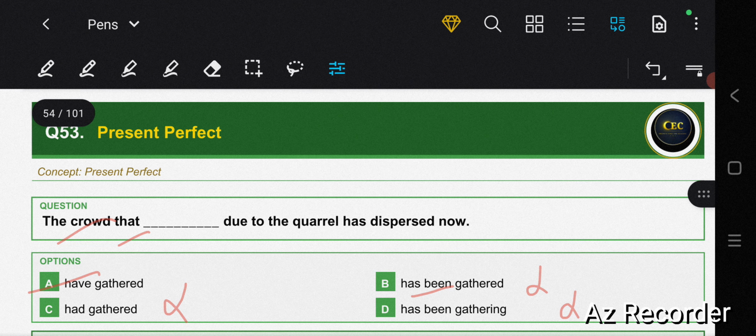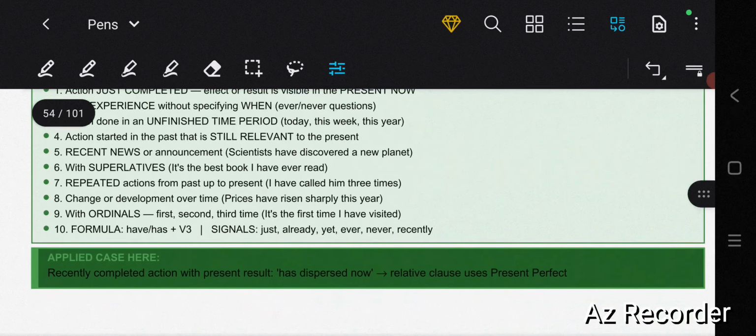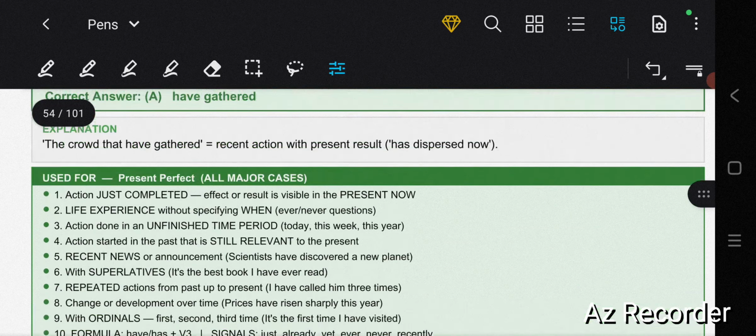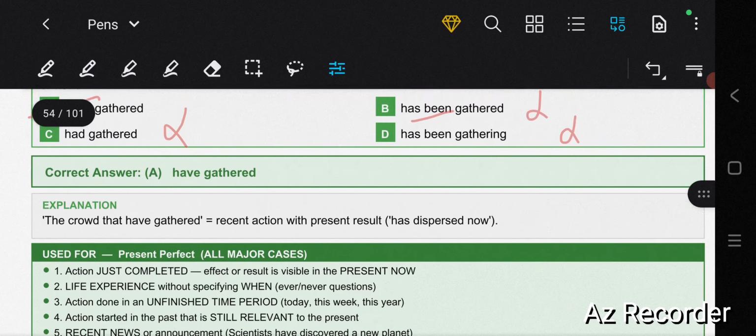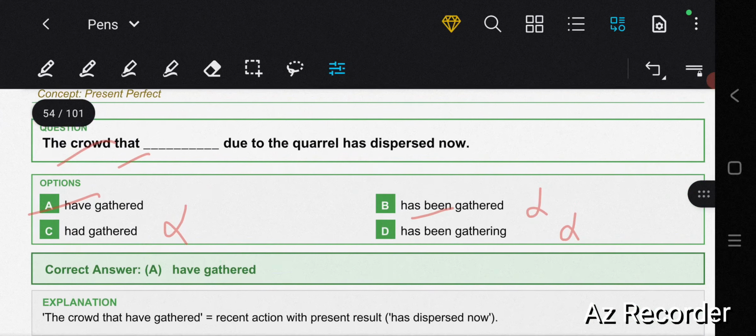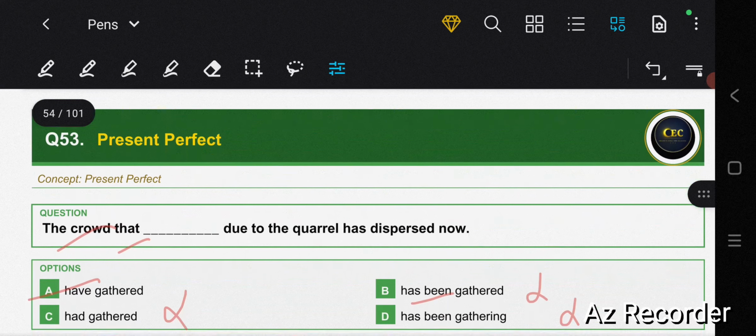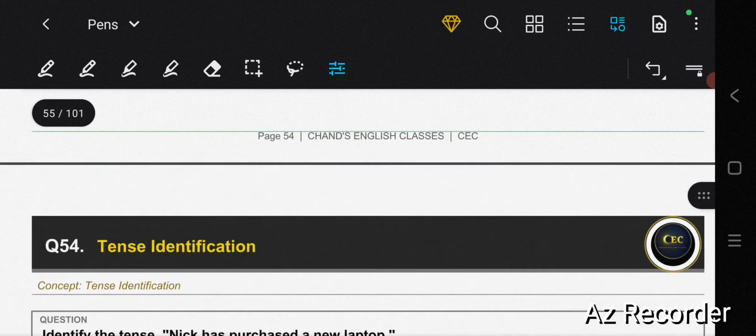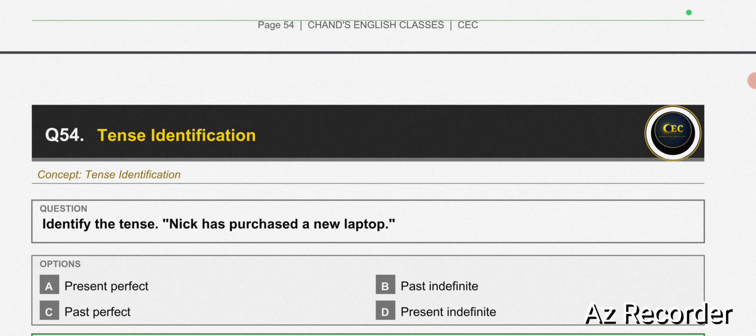Now the next question. You may go through all these relevant points that have been added, especially the major cases for which this particular tense is used. Now the question here is regarding tense identification. Identify the tense: Nick has purchased a new laptop.